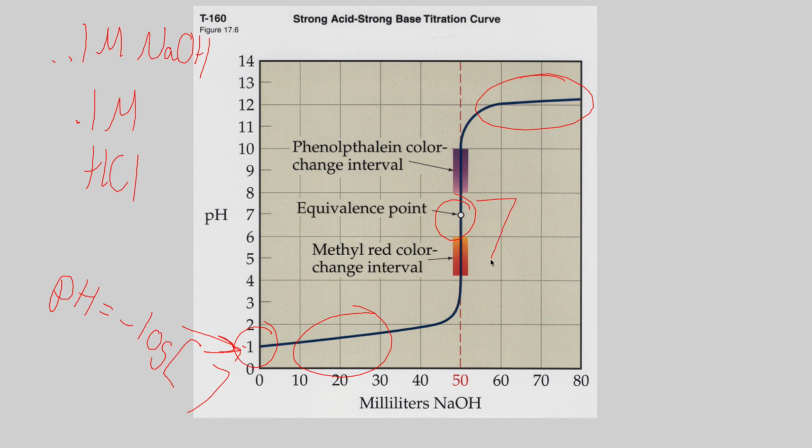But now, guys, how do we find the pH before equivalence? And guys, this was the deep dive that Nora got us into. So how do we find the pH before equivalence? What do we need to know?